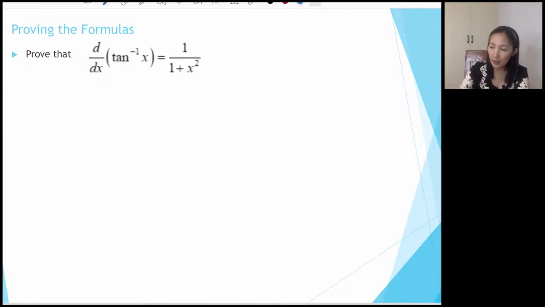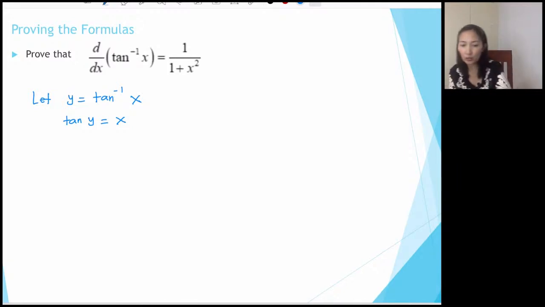The same way as we proved arc sine and arc cosine, we let y be equal to arctangent of x, which means that tangent y must be equal to x.